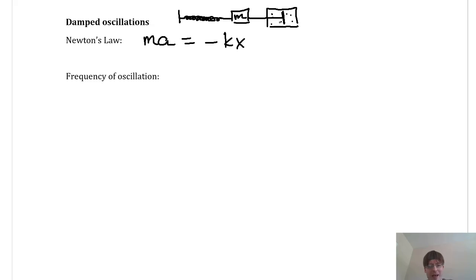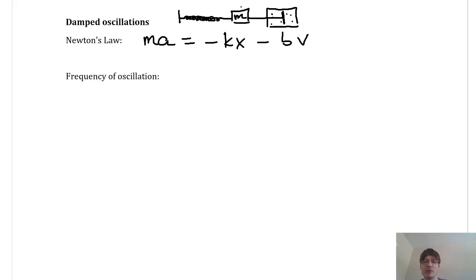And think of how air resistance works. The only time you feel air resistance is when the object has velocity in the air. You only feel the air when you move your hand through the air. So it's a velocity-dependent force. And we'd include it like this. Notice, first of all, it's minus the velocity. So when the mass is moving to the right, the damping effect is to the left.